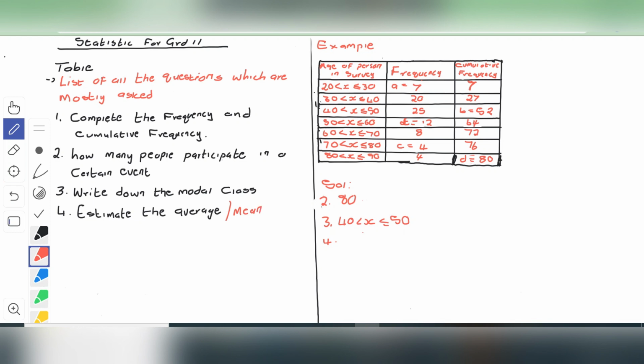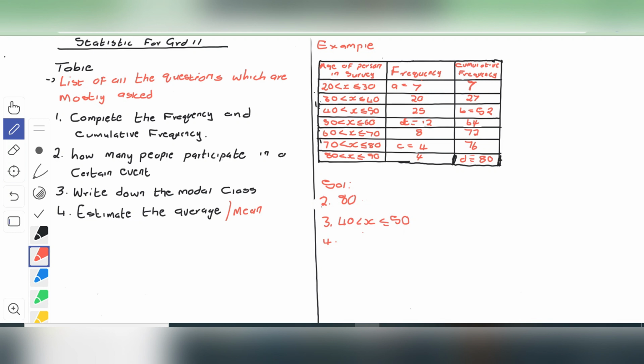He no longer says estimate the mean because if he says estimate the mean or calculate the mean, you're going to get it. But if he says estimate the average, you're going to get confused. But it's the same thing. The average and mean are the same thing.